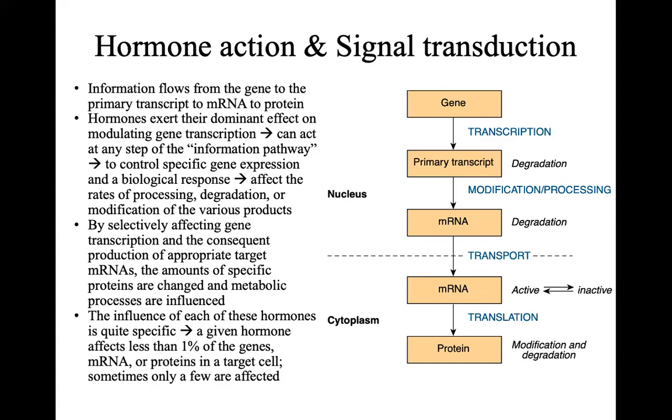It is telling us that this is the information we have: we need to make a new insulin hormone. So this is the final stage, the protein as an effect of this signal transduction.